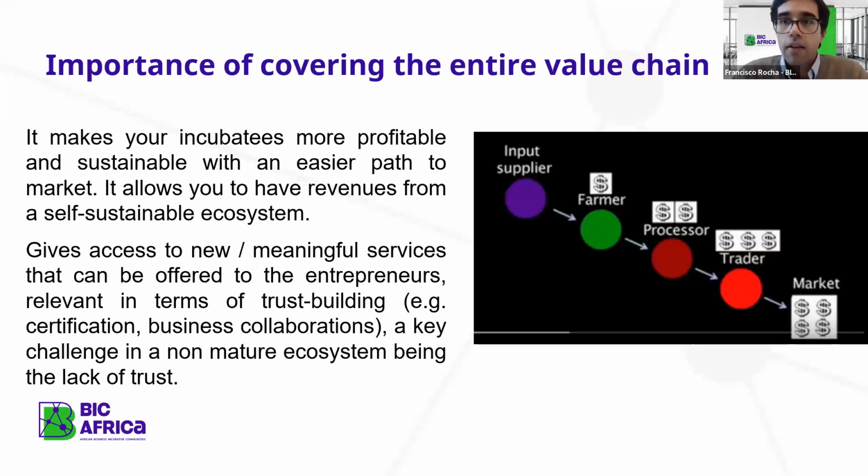So if we are including this whole value chain when we are building the ecosystem, it's much better to give incubatees and entrepreneurs access to these services in an easier way, and in a way that they can have a trust collaboration and business collaboration with the rest of the ecosystem.